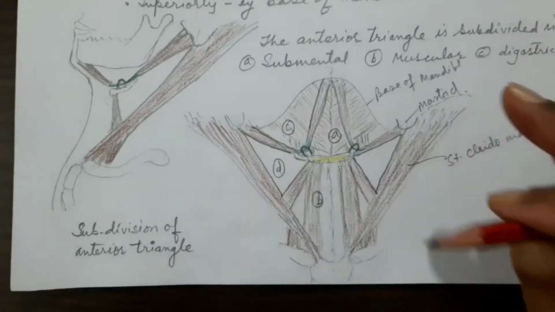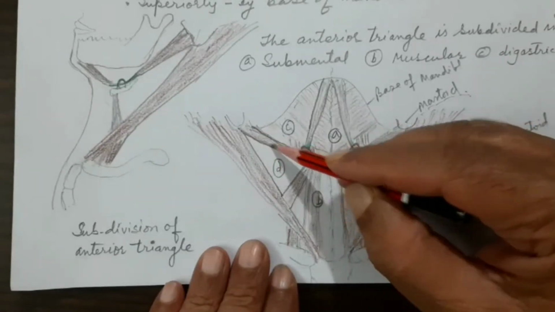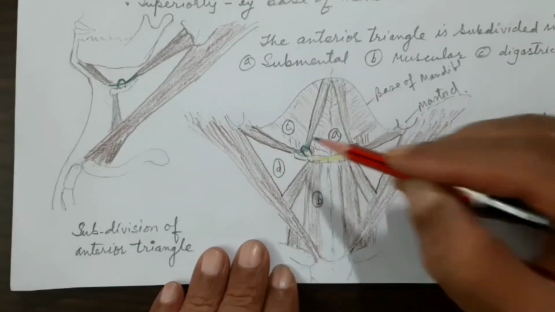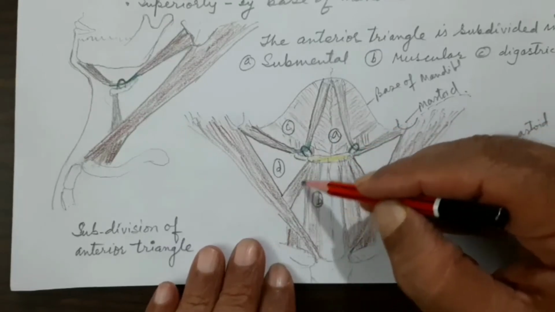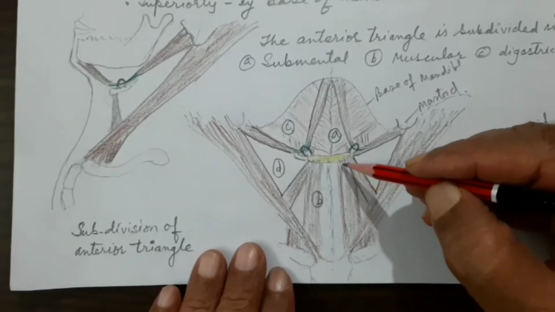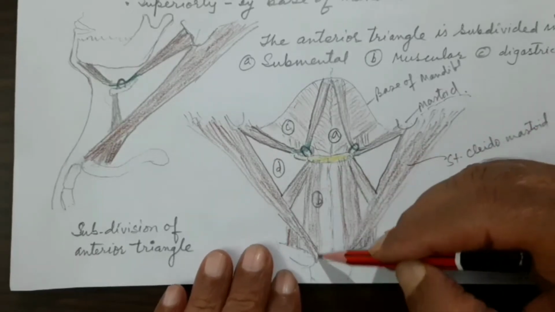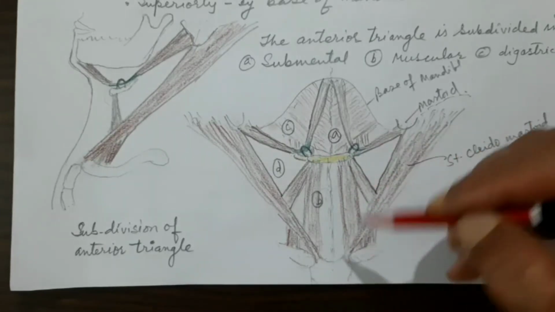Let us see a few more muscles. This is the posterior belly, this is the anterior belly of digastric, and this is the superior belly of the omohyoid. On this side again is the superior belly of the omohyoid, and this muscle is the sternohyoid muscle, deep to which will be the sternothyroid.